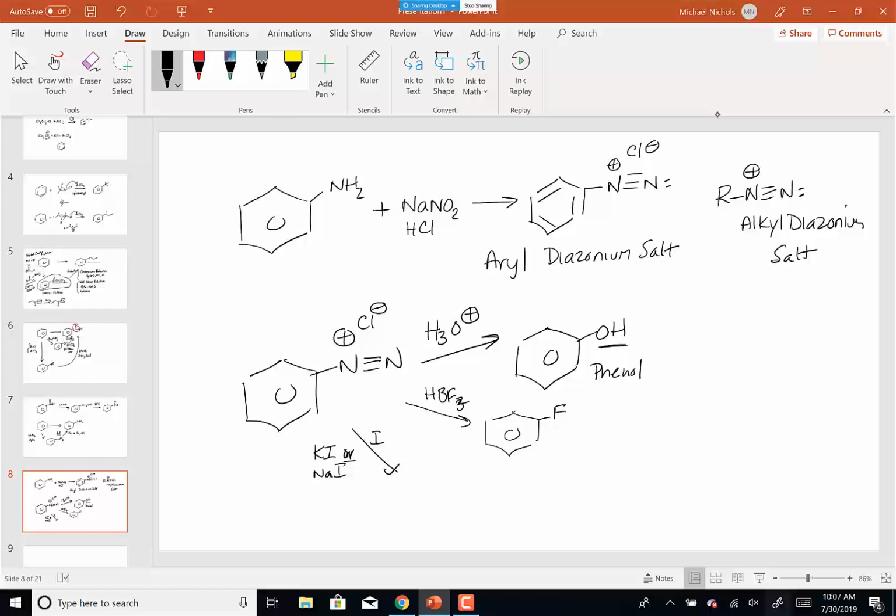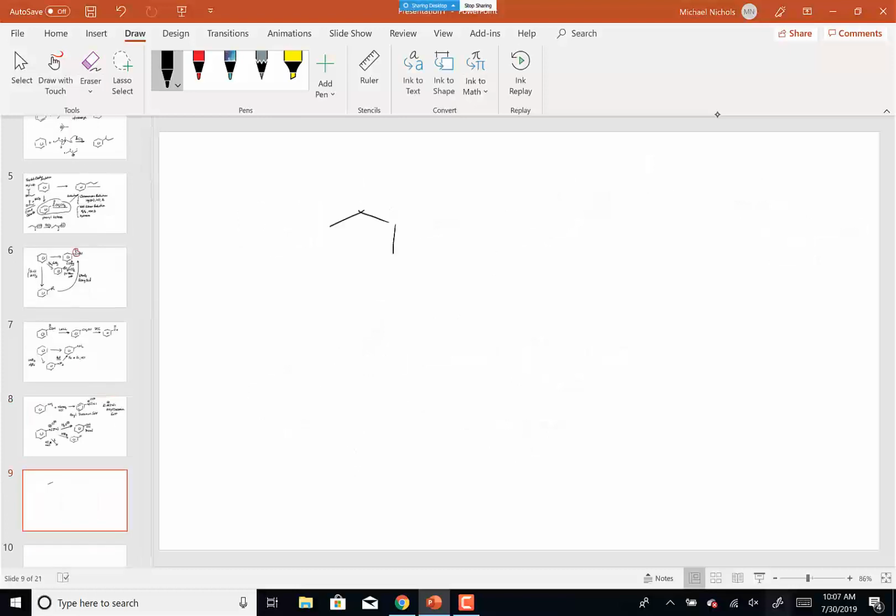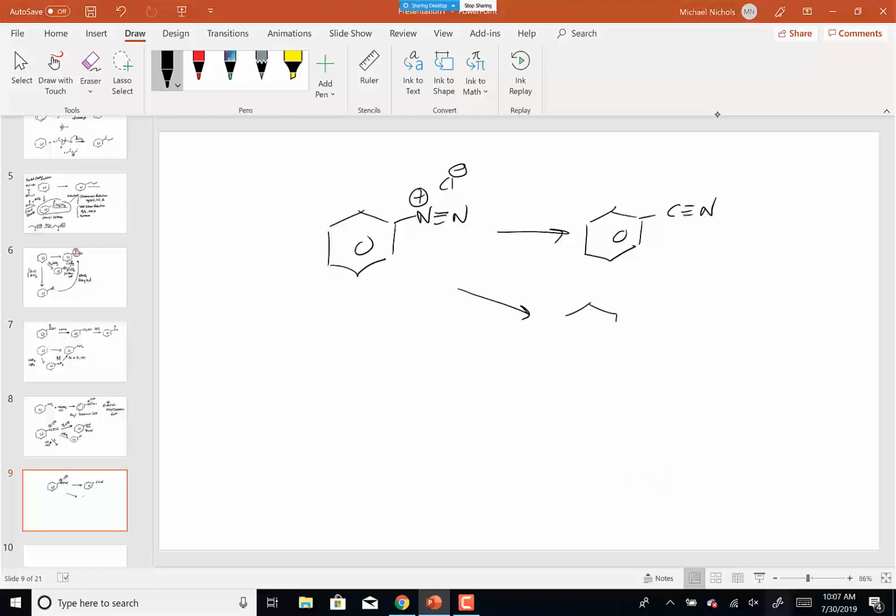Now there's a couple other groups that I would really like to add. So again, starting with my diazonium salt, I'd like to add a C triple bond N, and I would also like to have another method to add either a chlorine or a bromine to the ring.